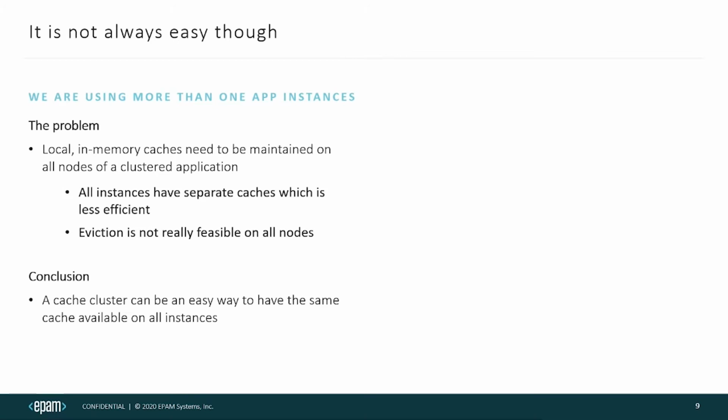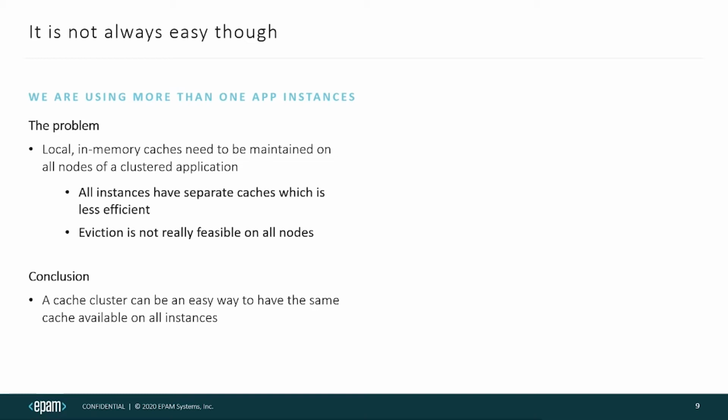Okay, so when is it hard? Well, I have collected a couple of examples which try to show tricky scenarios. In the first case, we decided to use in-memory caching in a cluster. So we have multiple instances, let's say n instances, and we have in-memory caches on all of them.